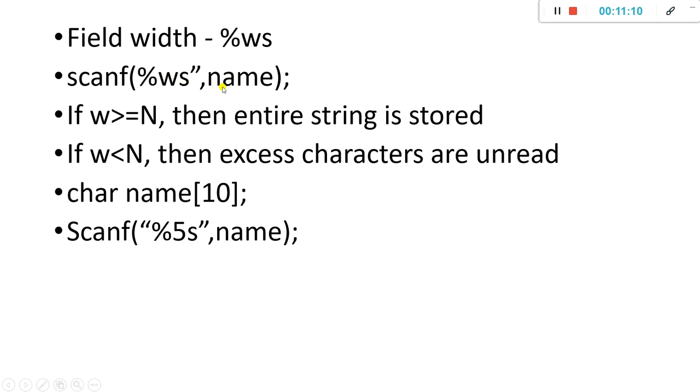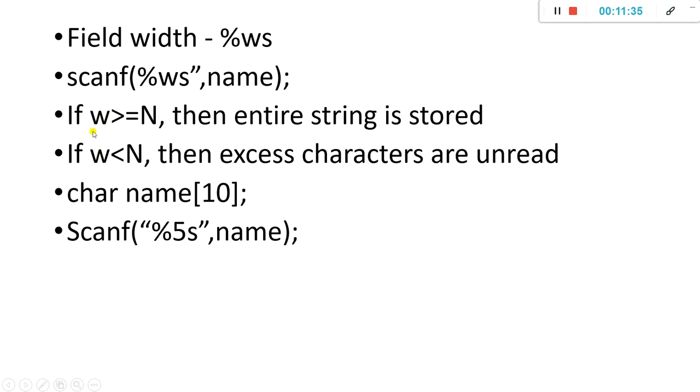May I repeat that? If my character array name has a size of 10, but I am giving here %5s, it will read only 5 characters, though the size of the array is 10. So you can limit the number of characters you are reading from the user.